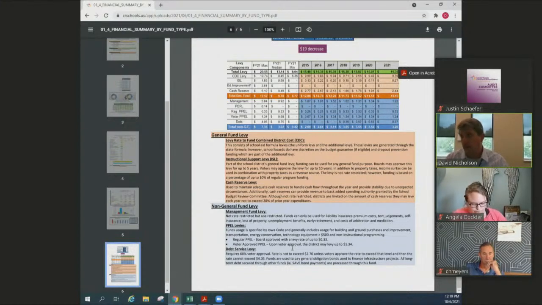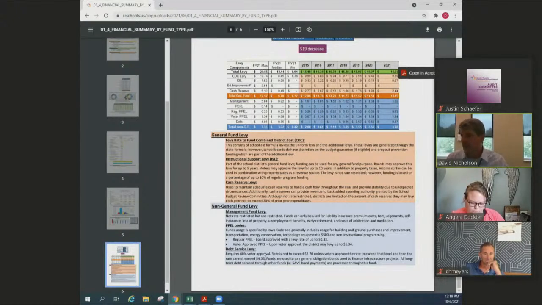Without the patrons approving a second language on the ballot, the maximum amount you can levy is $2.70 per thousand of taxable valuation.